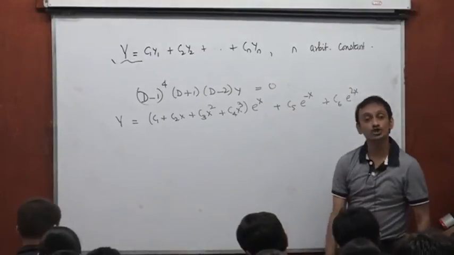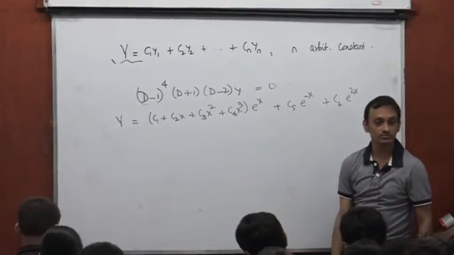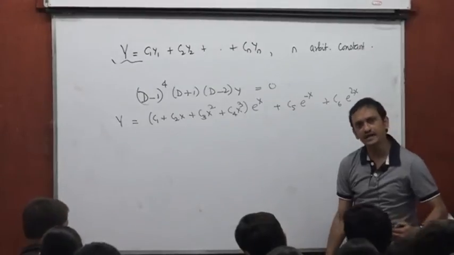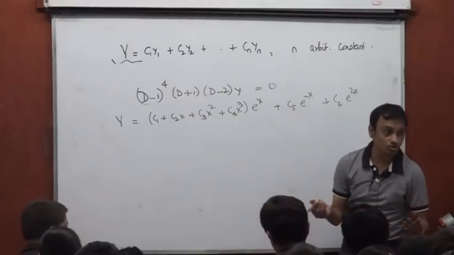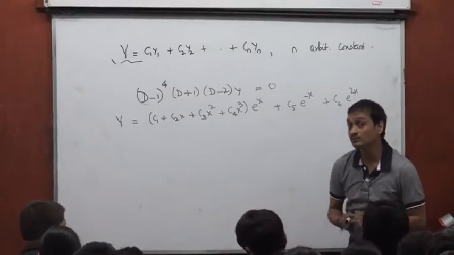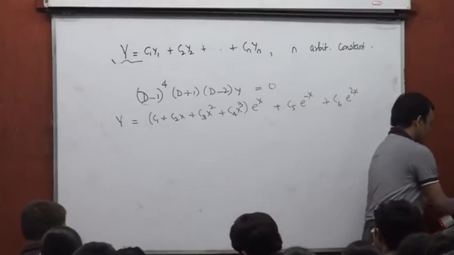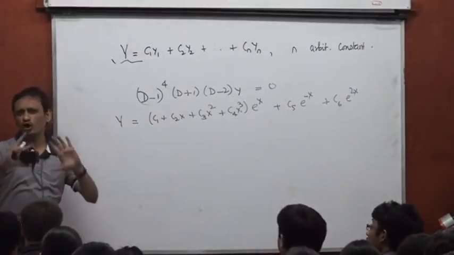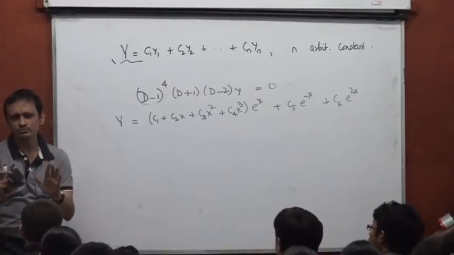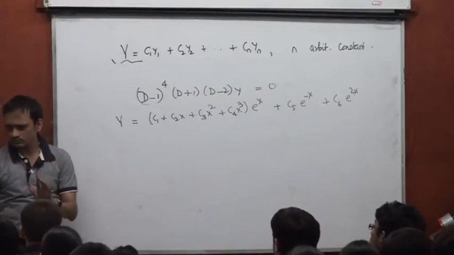This would be the general solution to the differential equation. So do you realize how the repeated roots contribute to the general solution? Clear? You're all comfortable so far, I presume? You understand all that I'm saying.